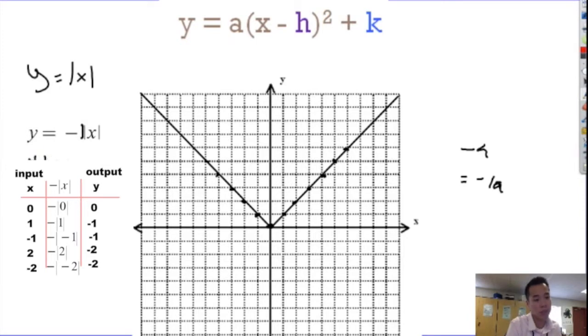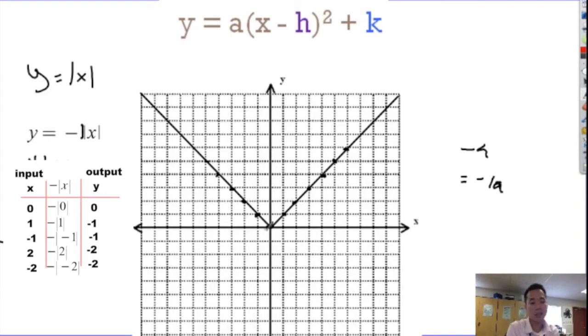If I input 0, naturally that would be 0. If I input positive 1, negative 1 times the absolute value of positive 1 is negative 1. If I input negative 1, same thing, negative 1 times the absolute value of negative 1 is also negative 1, because the absolute value of negative 1 is positive 1, multiplied by negative 1 gives negative 1.